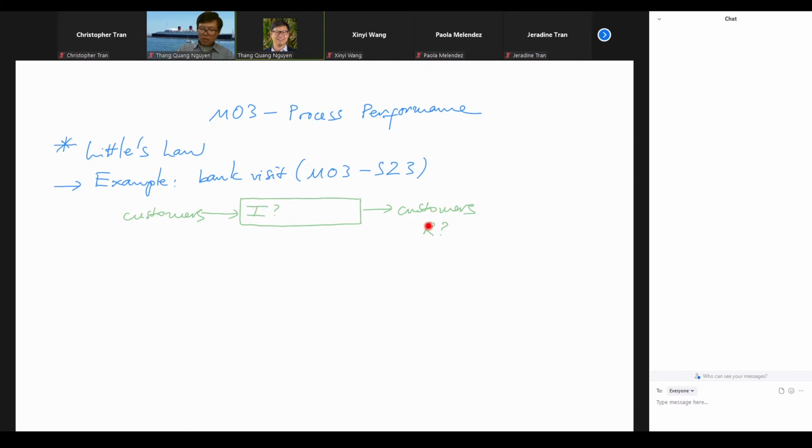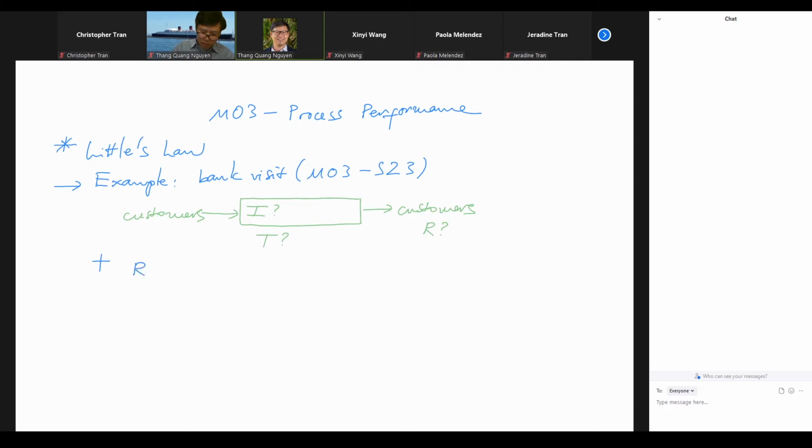We also have to calculate the average flow rate. On average, how many per hour, per minute, or anything. And the third metric is the flow time. By the way, it has to be the average flow time because Little's law only works with averages. Okay, so among these 3 metrics, let's start with an easy metric first. I would say the flow rate.